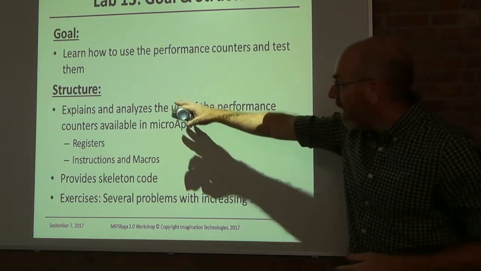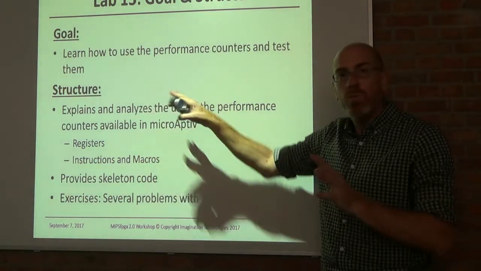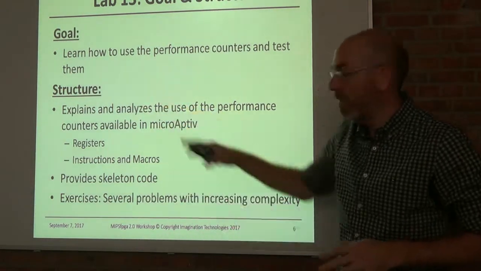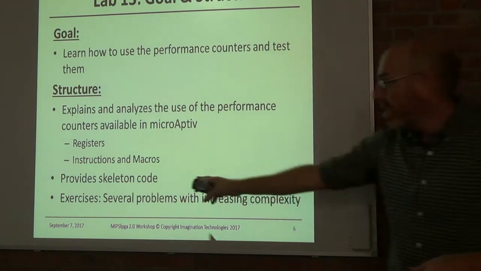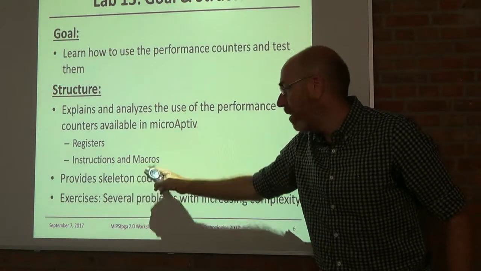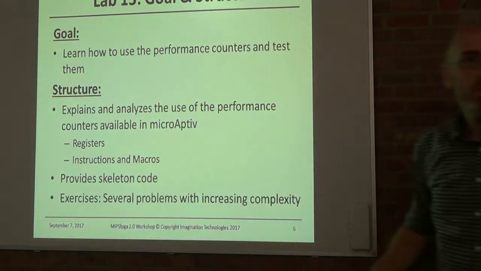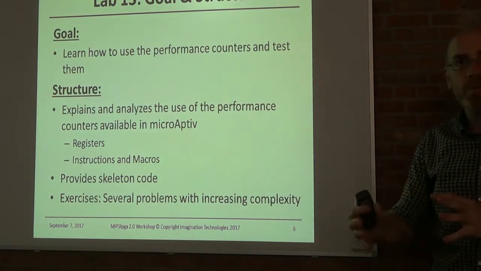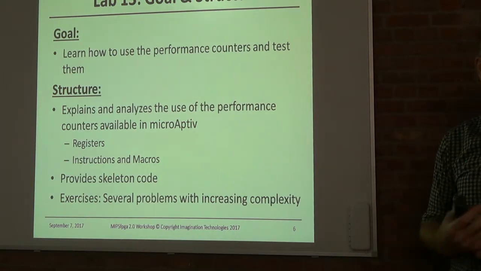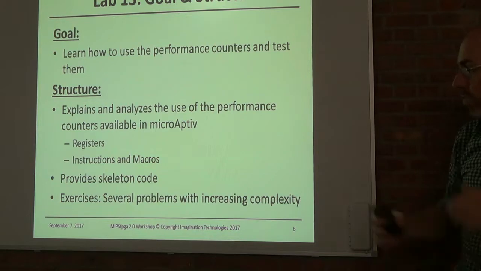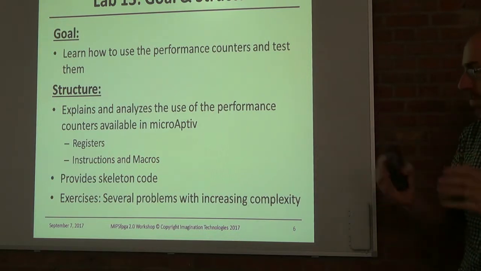The structure of the lab is common to many other labs. We first explain theoretically all the concepts. Then, in this case, we provide a skeleton code that the students can use to include the programs that they want to measure. So everything around the code is ready.